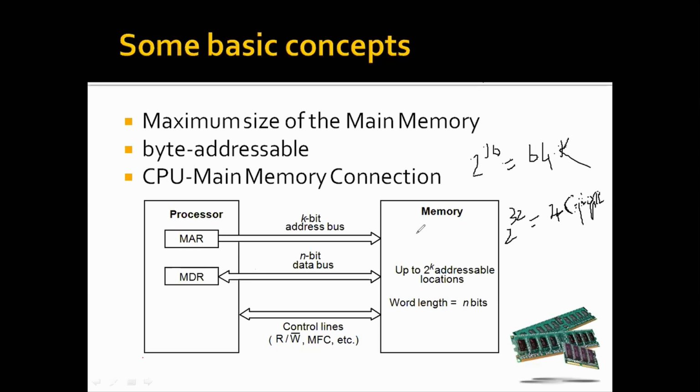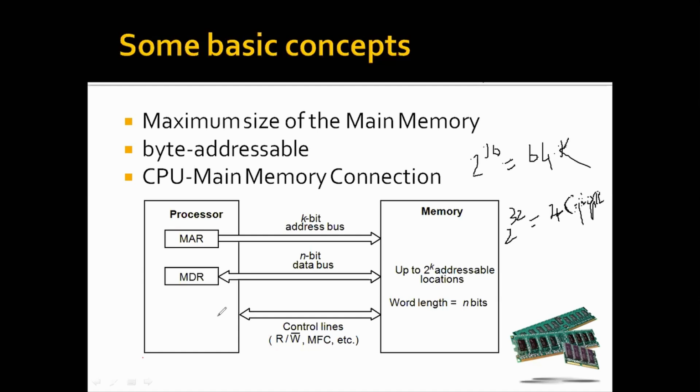We have two things, MAR and MDR, in the processor, which also holds the arithmetic logic unit, which we call the ALU. So here there will be the ALU, memory address register, and memory data register. Apart from this, what else will be there? You have the memory address register, the data register, then the ALU and cache memory. So these are all the contents available in the processor.